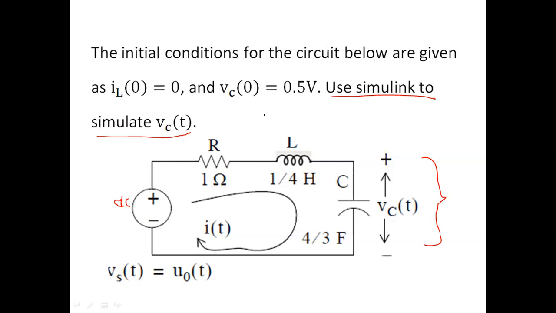So let's see the procedure. Maybe before we move to the next slide, let's look down here. We have this condition: Vs of t is equal to U0 of t.